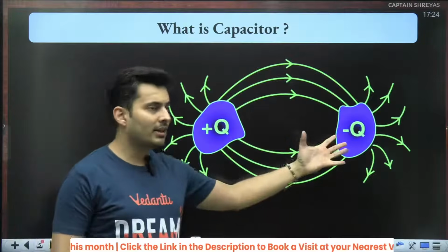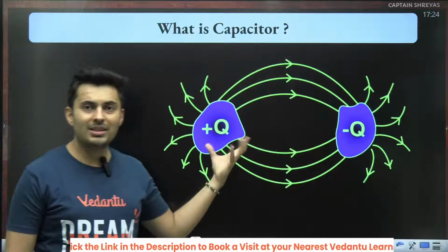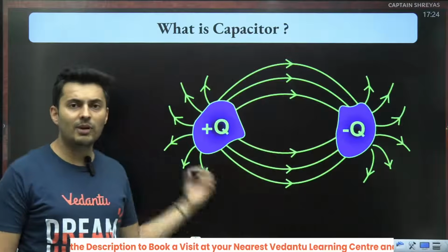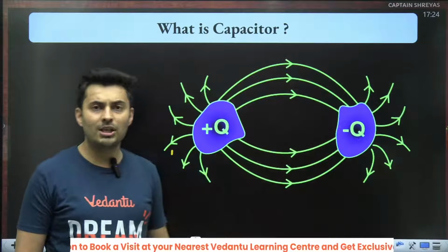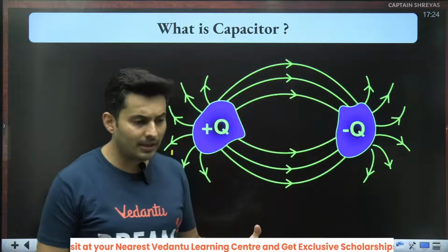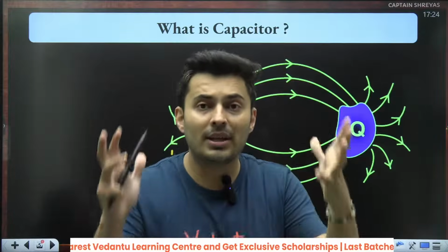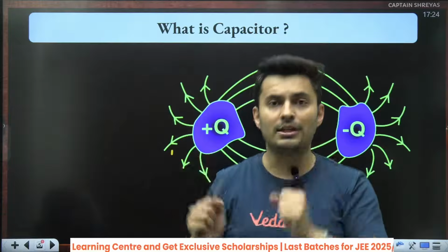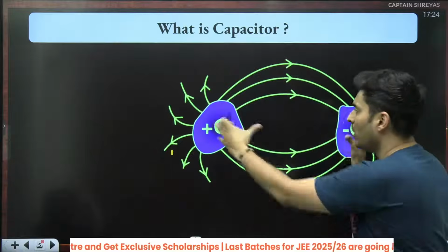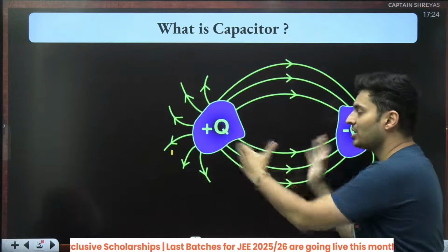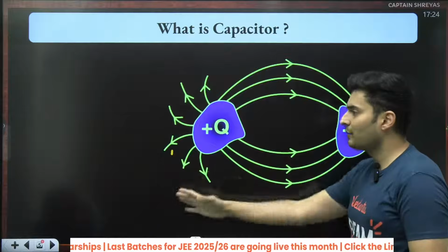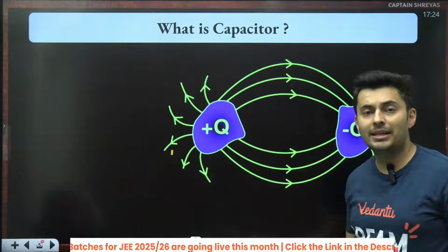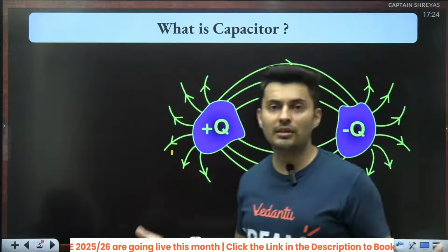So you take two conductors, you charge them oppositely, and you see the field lines starting from one point and moving towards the negative charge. This electric field represents that there is energy in that region. And if I somehow use this charge up, I discharge the conductors, these electric field lines will vanish, which again tells me the energy has gone.